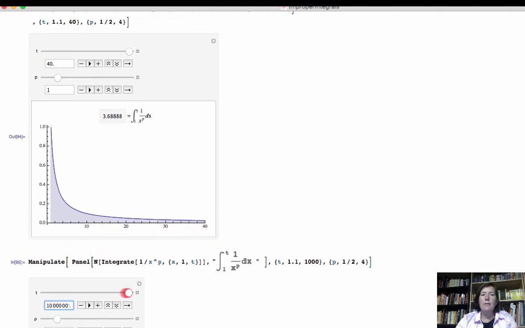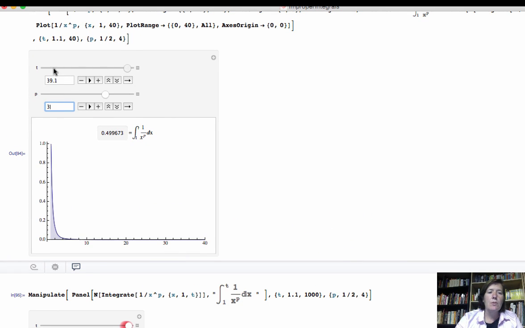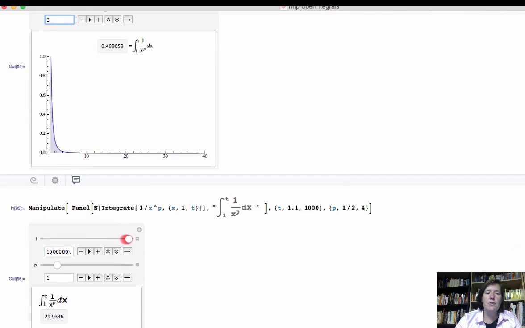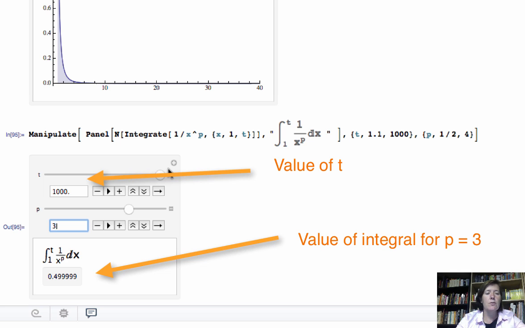On the other hand, if we set the power p equal to 3, then we see that this integral tends to reach an upper bound. And of course, that upper bound we know should be 1/2. So let's set p equals 3 here and see what happens as t increases. Let's add a few zeros.